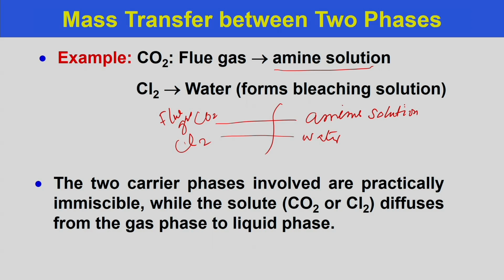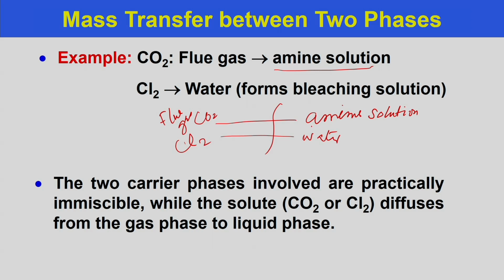These are examples of absorption, where transfer of the solute takes place from the gas phase to the liquid phase. Similarly, for stripping, once the gas is absorbed, to make it free we release it by heating the solution.